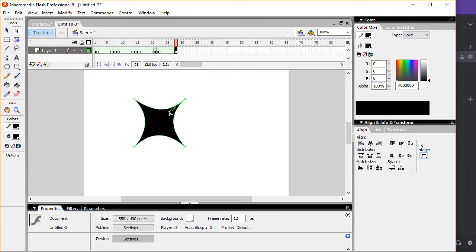Move this handle here. See, wait, what? Flash is gonna have trouble with that corner and this curve overall because this shape has more segments than the other one once it's converted.